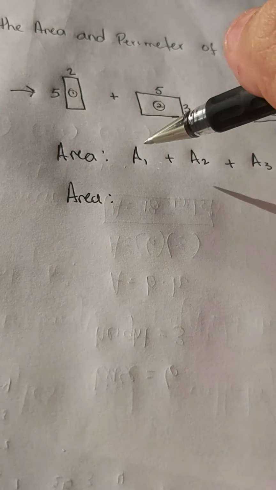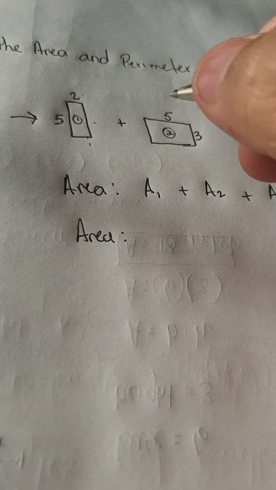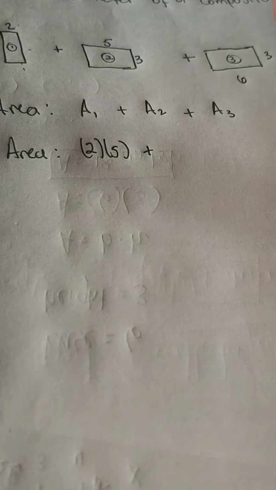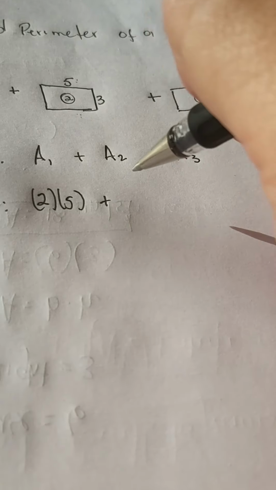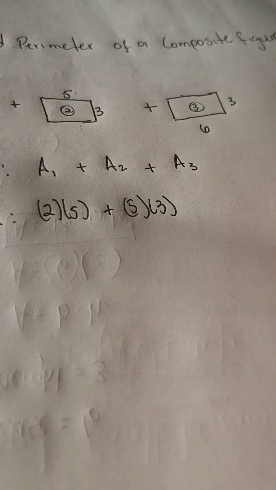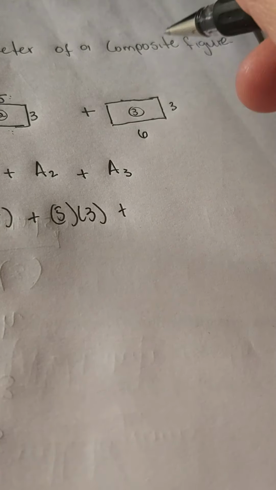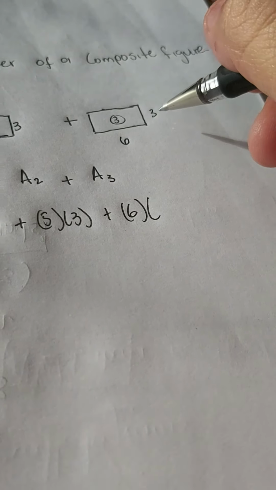So the area of the total composite figure will be area 1, base times height. That means base 2 times height 5, plus area 2, base 5 times height 3, plus area 3, base 6 times height 3.